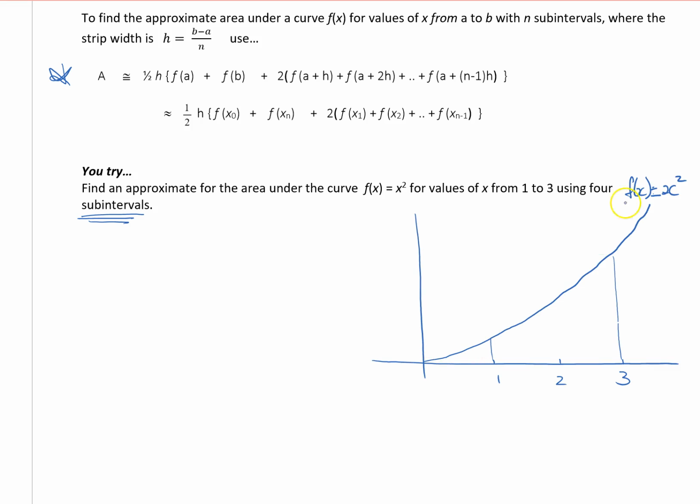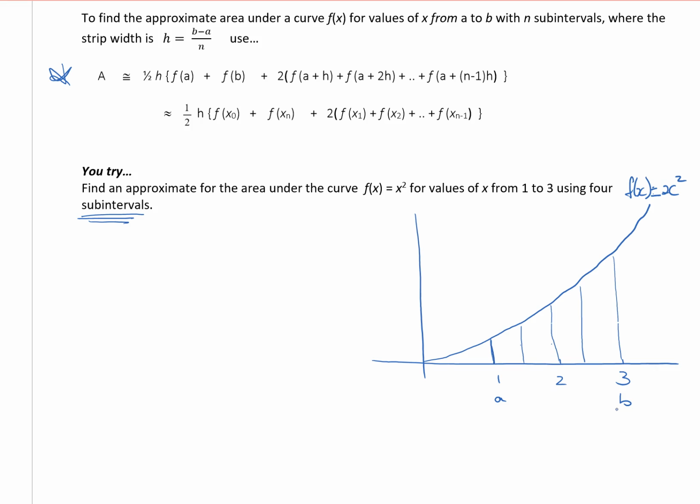You can see I've drawn here the curve y equals x squared and I've put our boundaries from 1 to 3. 4 subintervals. Now, if I put a line in here, I've got 2, so if I divide them up again, I've now got my 4 subintervals. That would give me 1, 2, 3, 4, 5 function values. Normally we've been calling this A and this B, and we've had h.